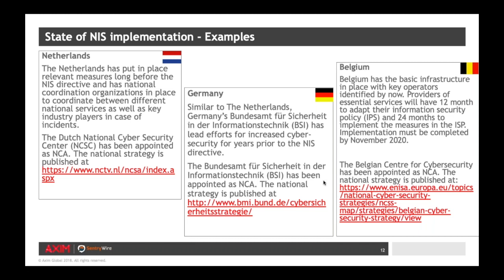effectively. And then in Belgium, from a state of operation, even we've got the key players that have been identified. So the Belgium Center for Cybersecurity has been appointed as the NCA.